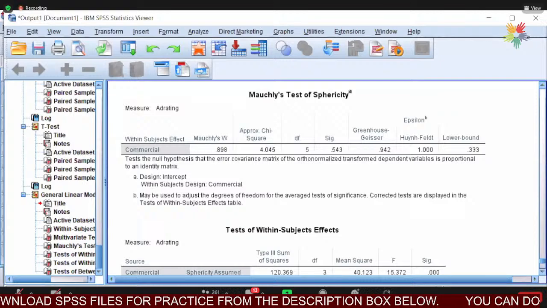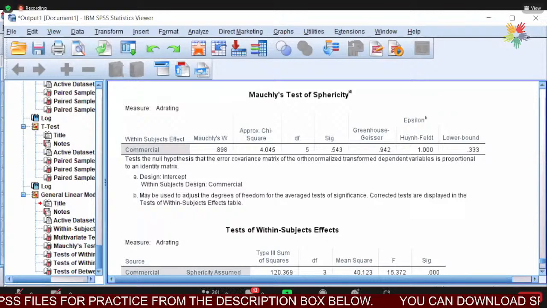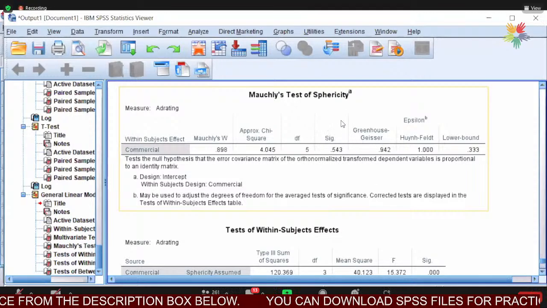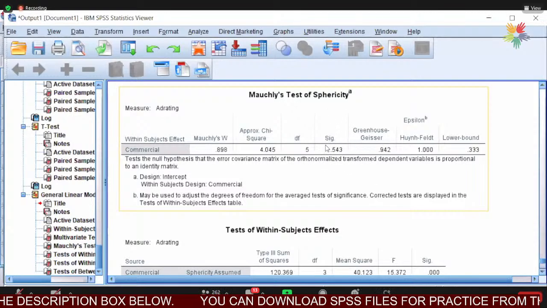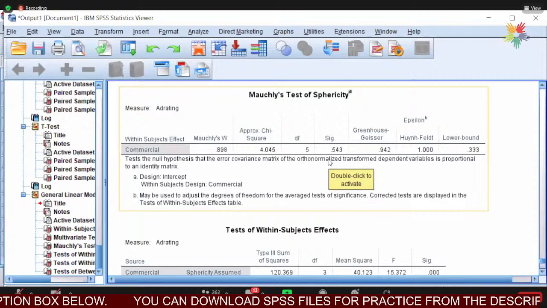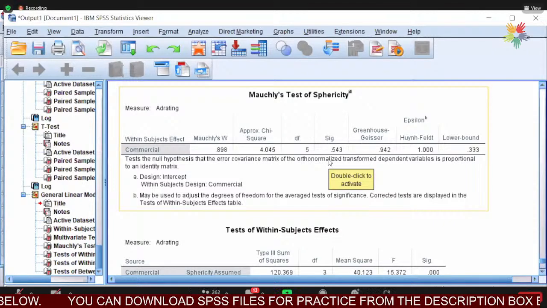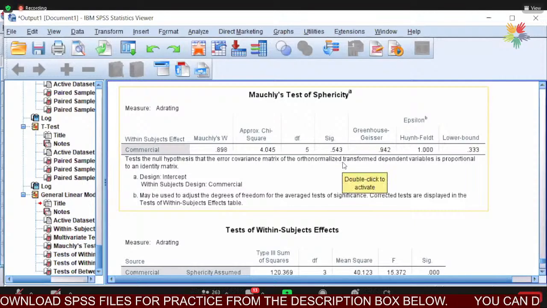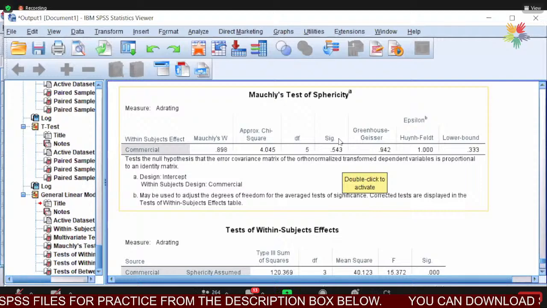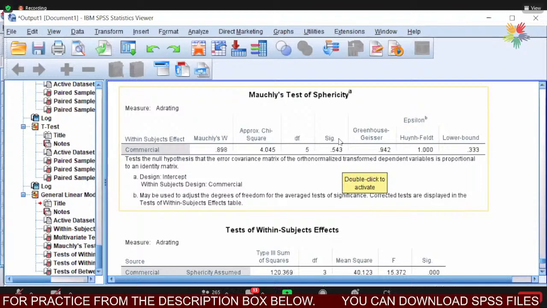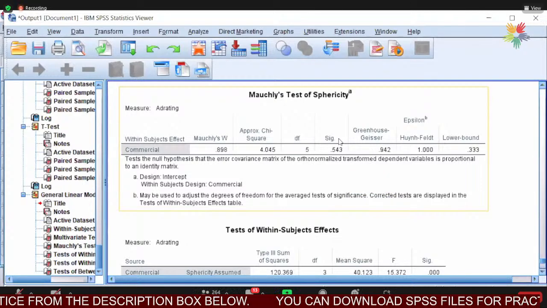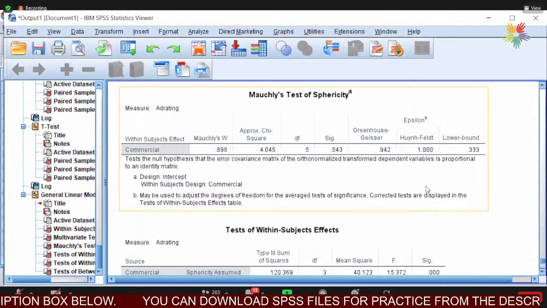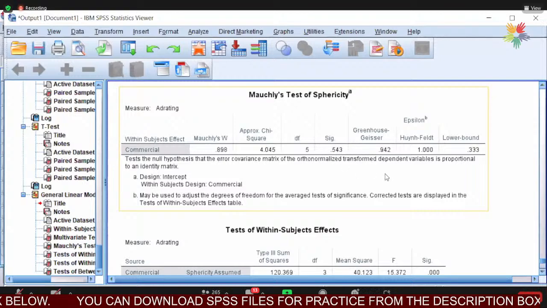Here the significance value should be greater than 0.05. If it is greater than 0.05, then sphericity is assumed, meaning equal variances are assumed. So we want to assume equal variances.